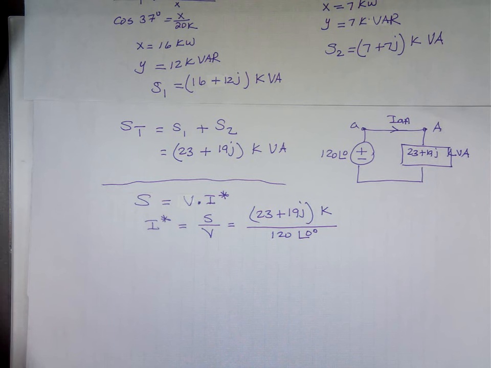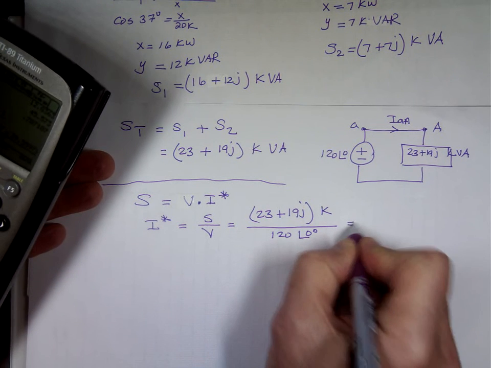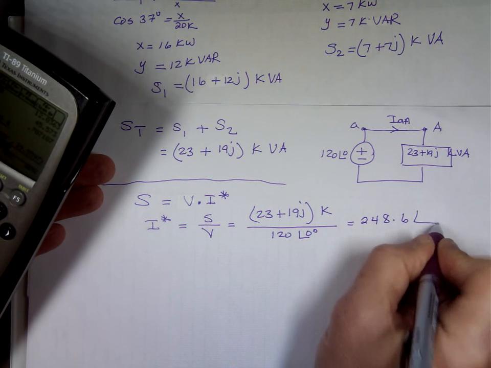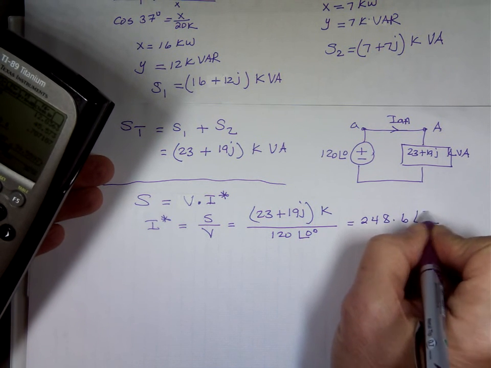So here's my calculator. Let's try that. 23,000 plus 19,000j. Where's my j here? Here we go. Divide that by 120 angle 0. And I got 248.6 angle 39.6.